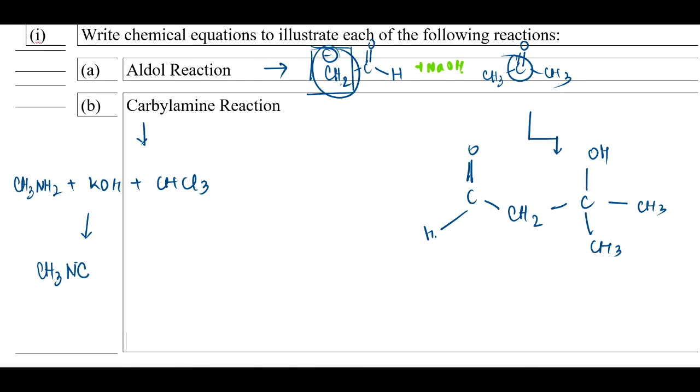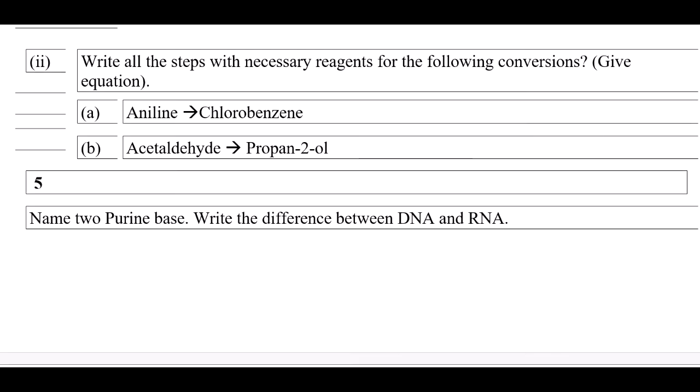Or if we take any other amine, it will be converted into the corresponding isocyanide. So for explaining any reaction in words, you need the starting material, the reagent, and the ultimate product. And when we explain in words, of course you have to give one example equation. This is the question and answer.